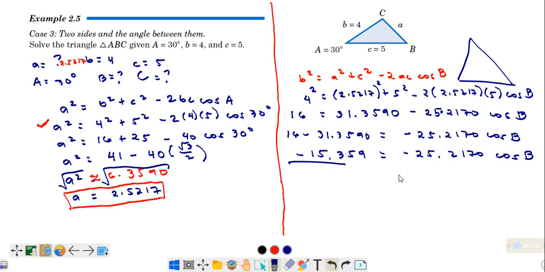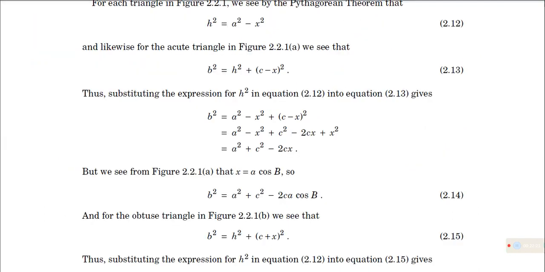So, we have to use multiplication property of equality and divide both sides by the coefficient of cosine B, which is, ito nga, negative 25.2170. So, divide natin siya, negative 25.2170 both sides. Do not forget the negative sign, ha? Napaka-importante niyan sa trigonometric function values.